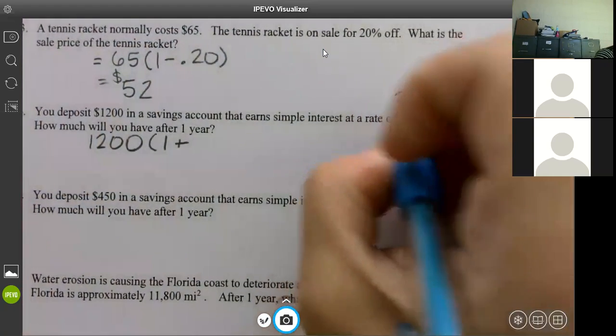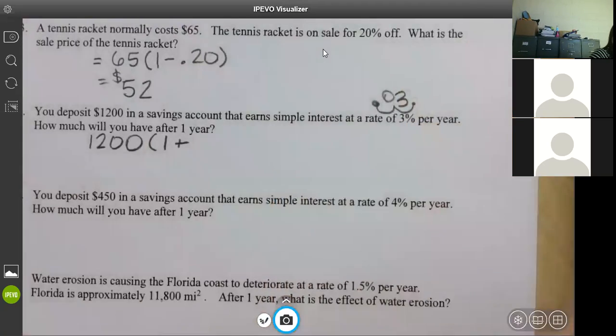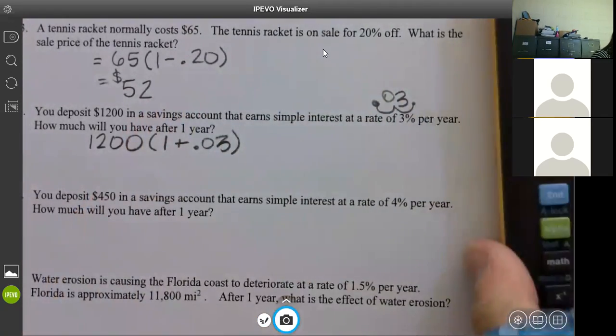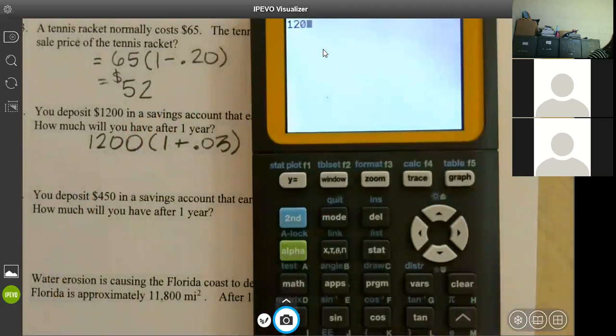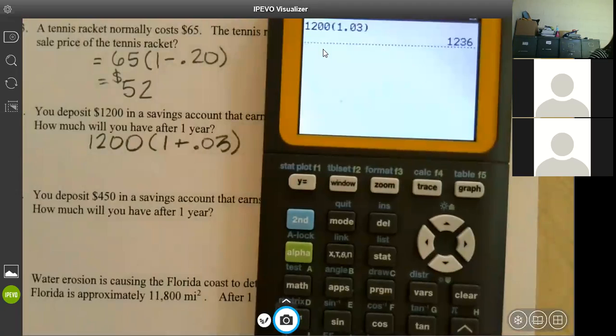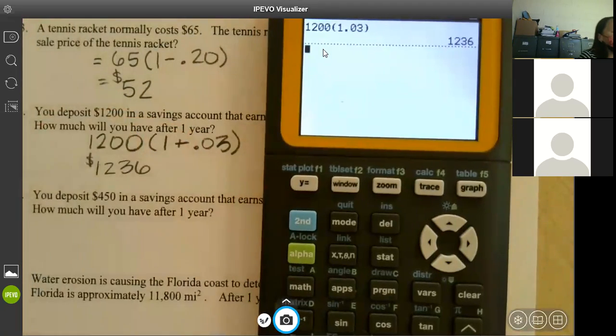One more time, move your decimal 2 places and fill in anything with a 0. So 0.03. Put it straight into your calculator. 1,200 times 1.03 gives you 1,236.